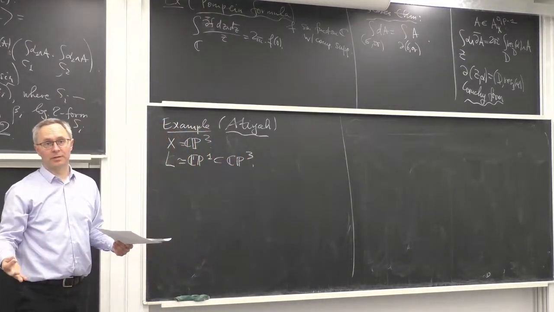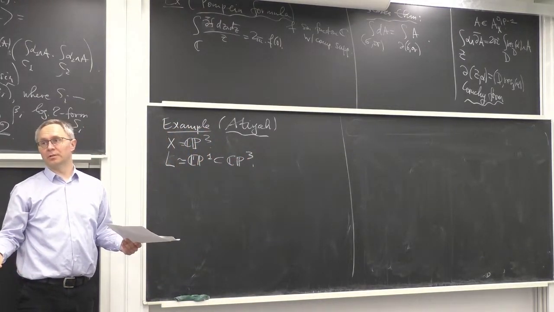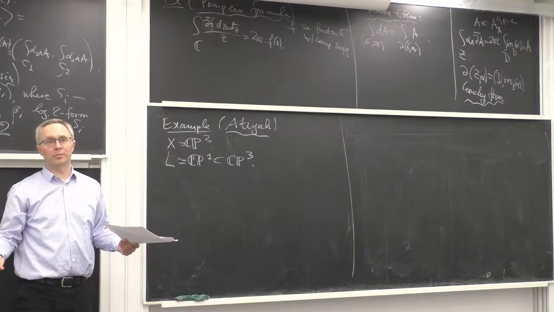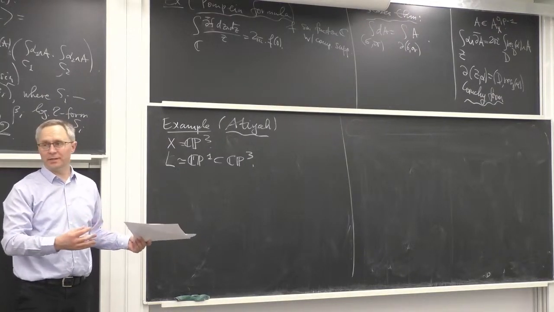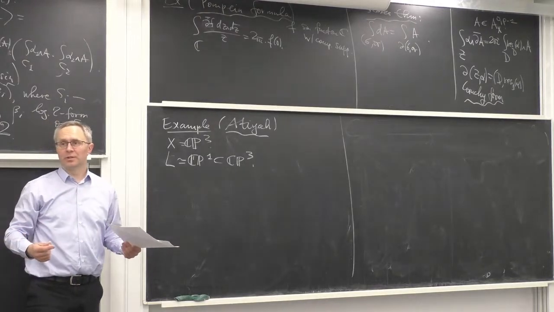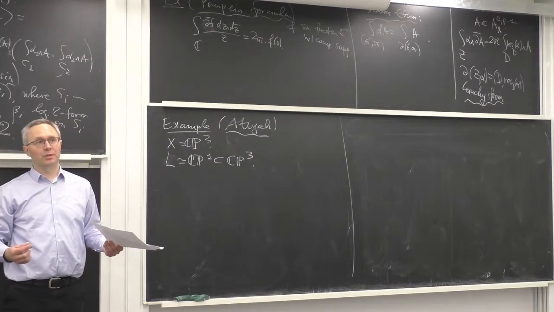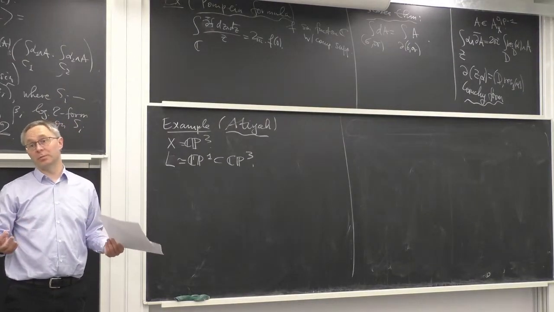Consider lines. Then you would say that, of course, on lines we do not have holomorphic top forms, so it doesn't exist. But as I said, and it's again one more motivation, we should consider forms with coefficients in some vector bundles.